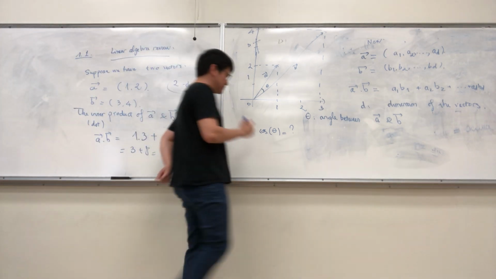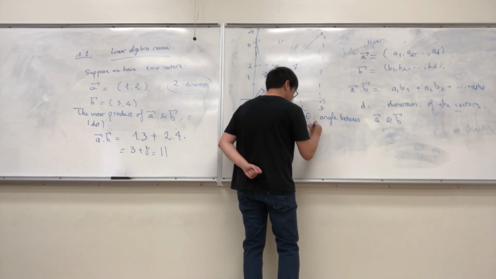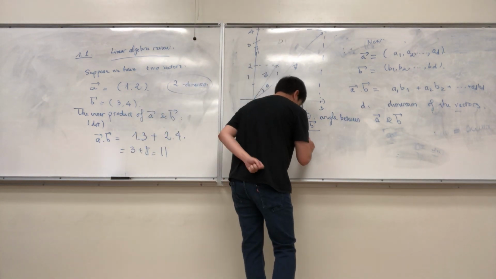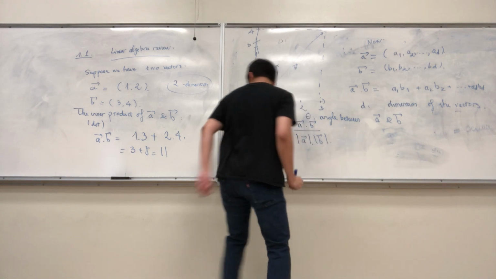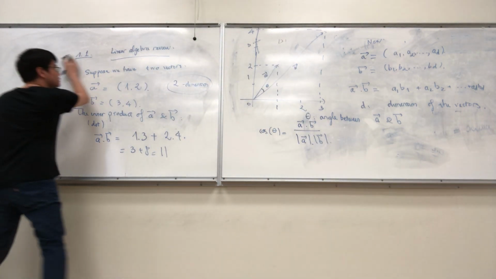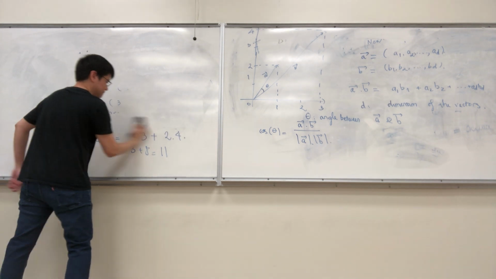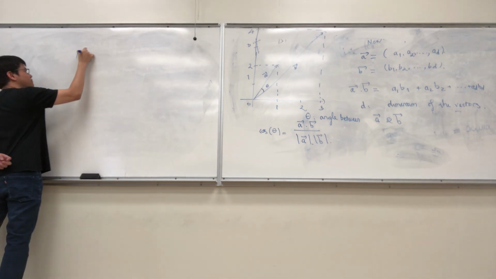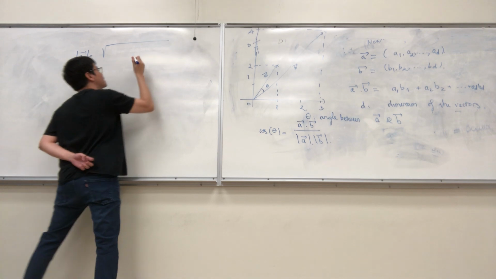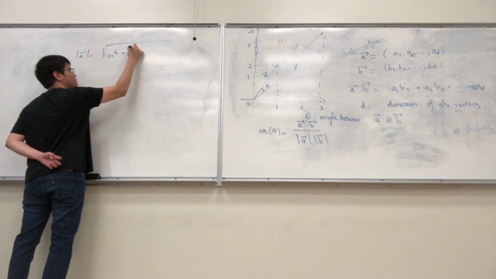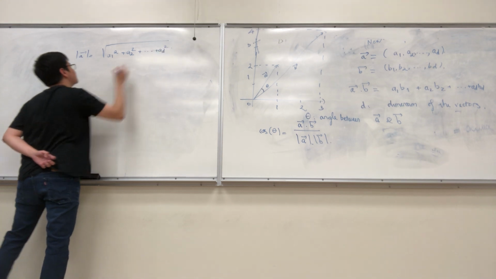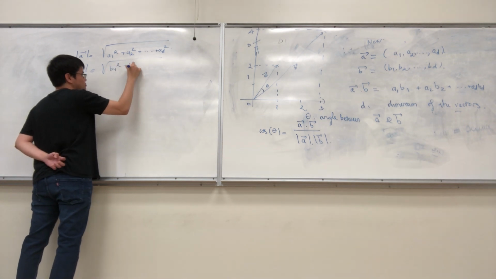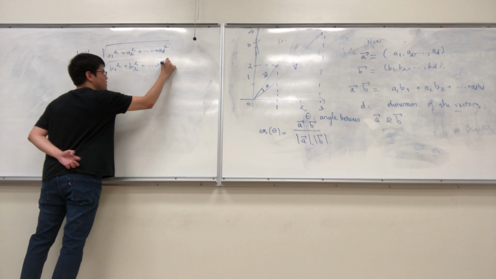So the cosine of theta will be A dot B. You take the dot product and divide by the length of the vector A times the length of the vector B. So the length of A will be the square root of the sum of the squares of all of the coordinates, A1 square plus A2 square plus AD square, and the magnitude of B will be B1 square plus B2 square plus BD square.